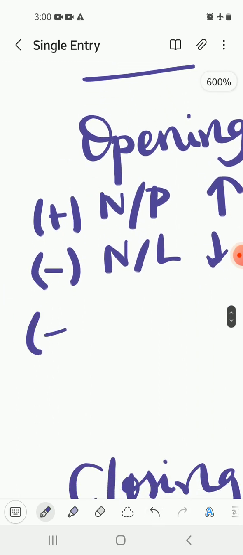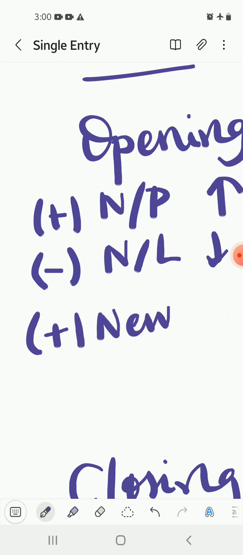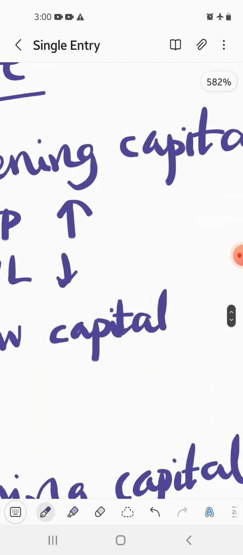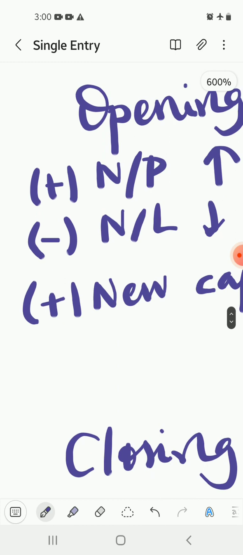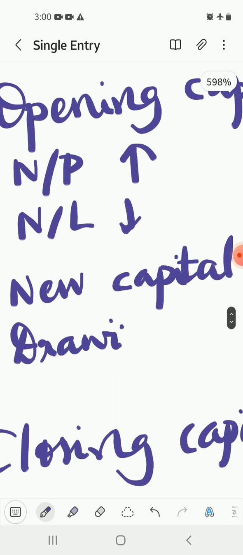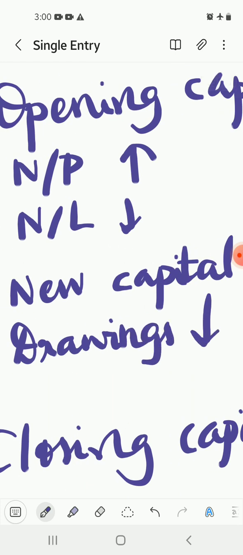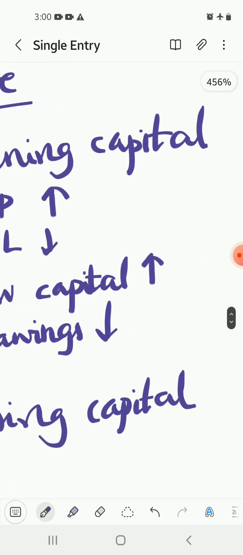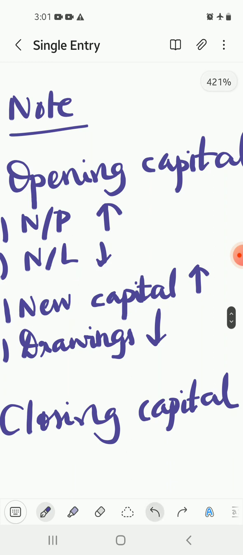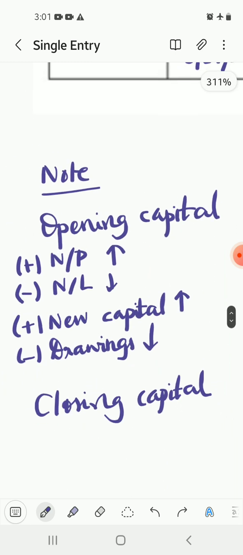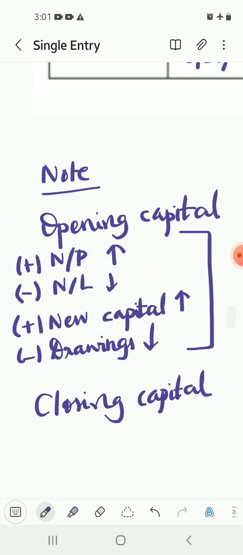If we have additional capital, new capital introduced in the business, it also results in an increase in the opening capital. Any drawings, withdrawal of capital for personal use, result in a decrease in the capital. Similarly, interest on capital is treated the same way as new capital, and interest on drawings is treated the same way as drawings. So these are the reasons which cause a change in the capital balance from opening to closing.